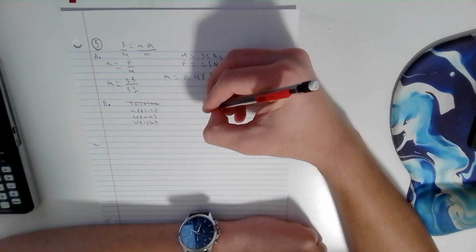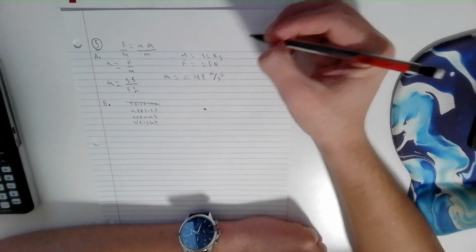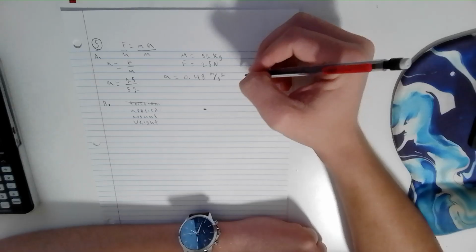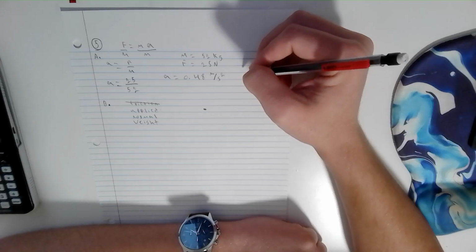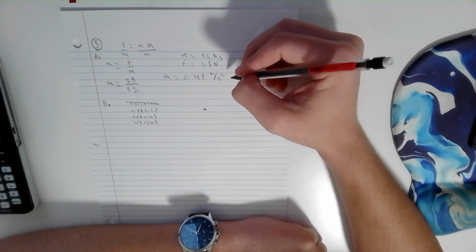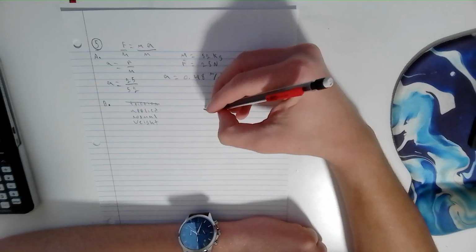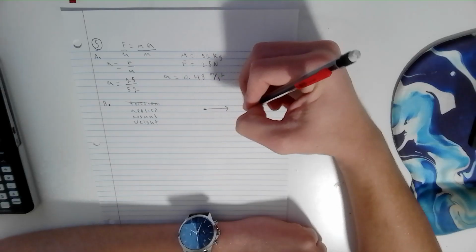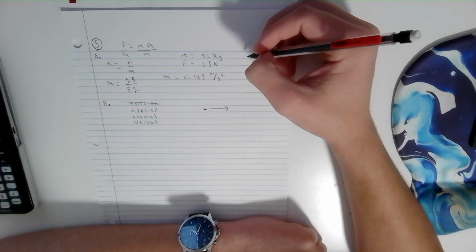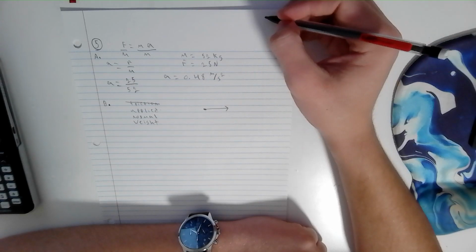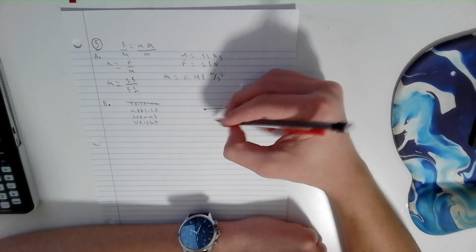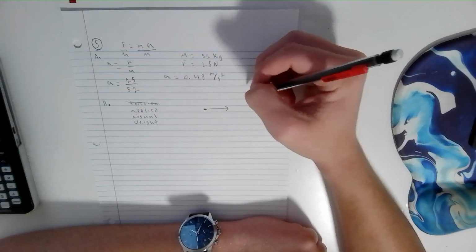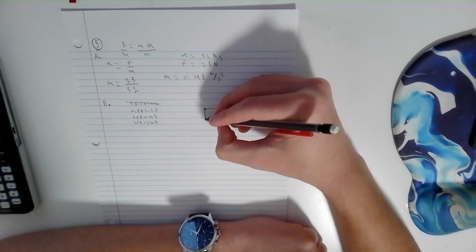So if we draw a little free body diagram, that's going to be the cheese, okay? And then it says you apply a constant horizontal force. So this is going to be the applied force across the surface. So it's going to go that way. That's the applied force. And then the weight of the cheese is going to be sitting on the table that it's on. So the weight is going to be down towards the table.